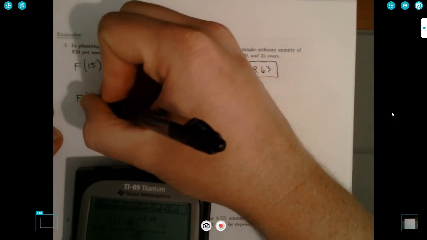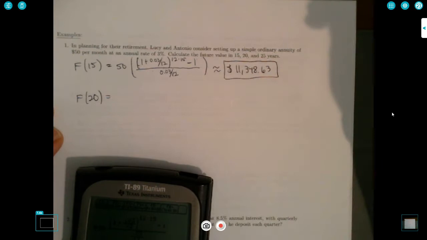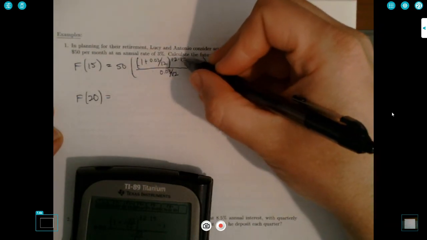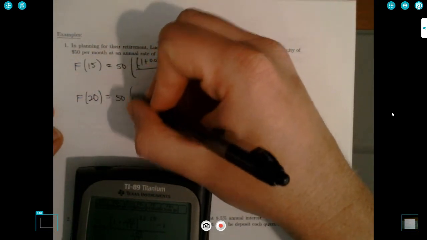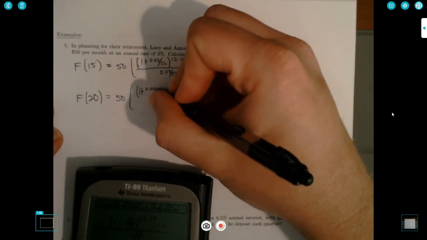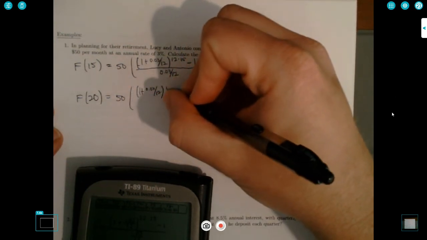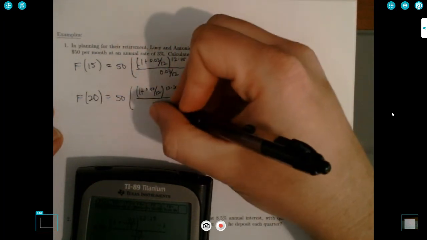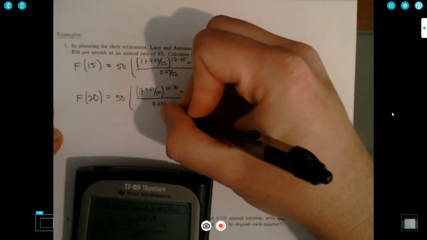After 20 years, everything stays the same except for the number of years. So this 15 right here is going to change to a 20, and everything else is the same. 50 times 1 plus 0.03 over 12 to the 12 times 20 minus 1 over 0.03 over 12.